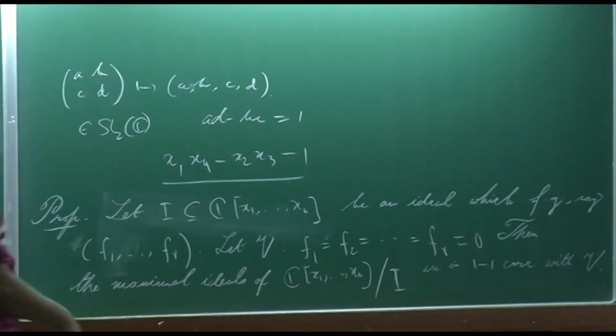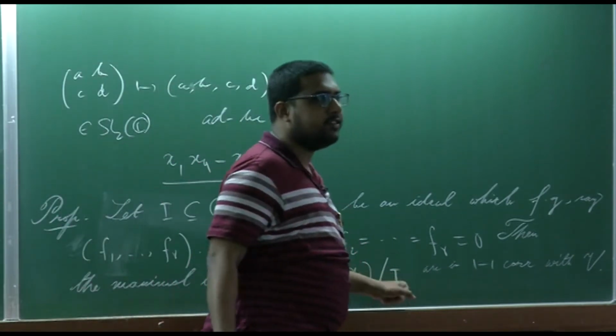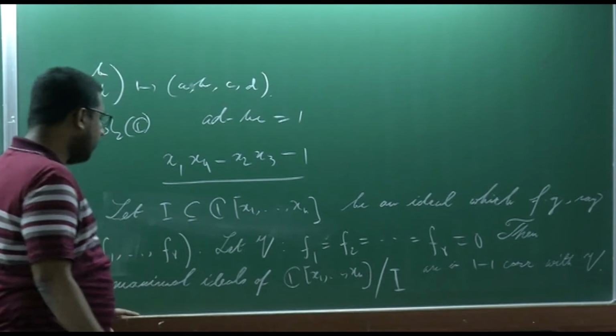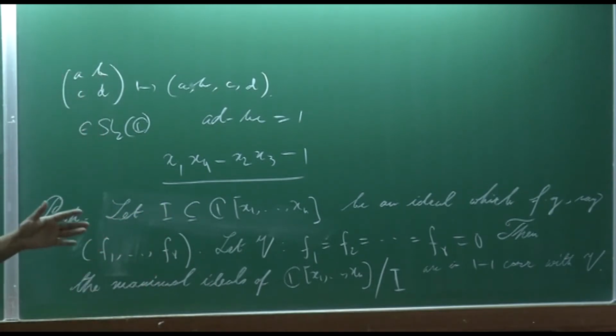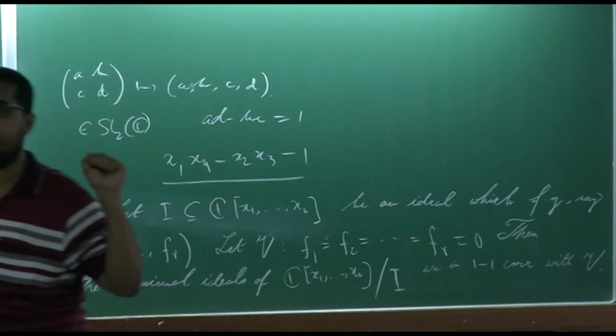So this is what we will prove now. Try to look at this very simple extreme case: if I is trivial, then V is going to be the whole of C^n. So then this is nothing but the statement of Hilbert's Nullstellensatz.